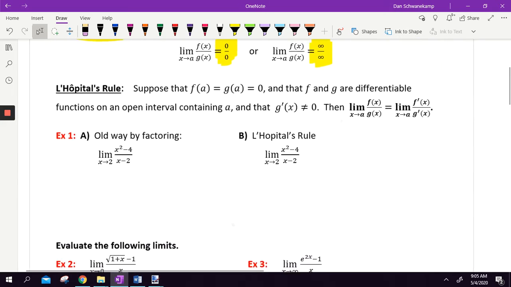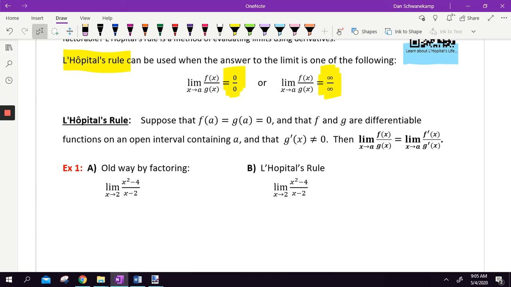All right, but here's what L'Hopital's Rule says. It states that if the numerator and the denominator of something is 0, and f and g are differentiable, then the limit of a function, so for example, we took the limit of this function and we got 0 over 0, then it's also going to be equal to the same limit if you took the derivative of the top over the derivative of the bottom.